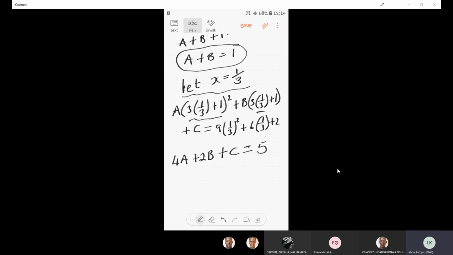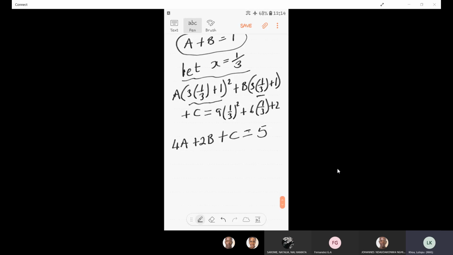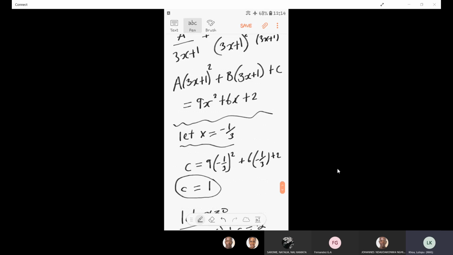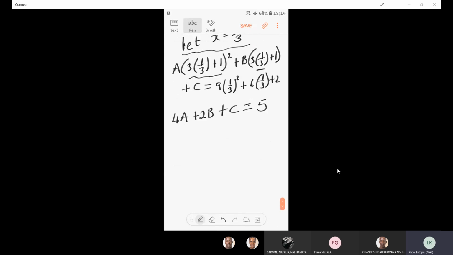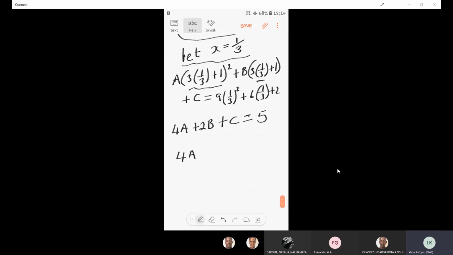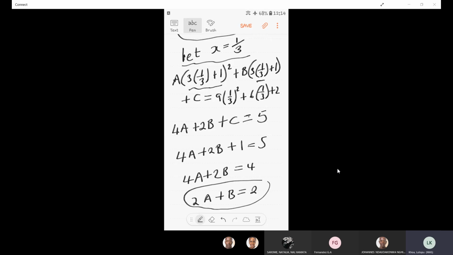Then remember that C is equal to 1. We got it over here. Then you substitute, so you have 4A plus 2B plus 1 equal to 5. This means 4A plus 2B is equal to 4. Then you can divide by 2 throughout. So you have 2A plus B, and this is equal to 2. So this is your second equation.